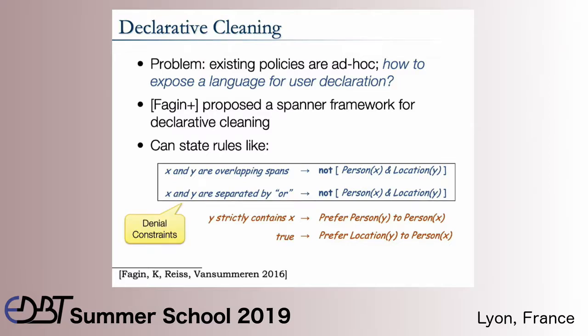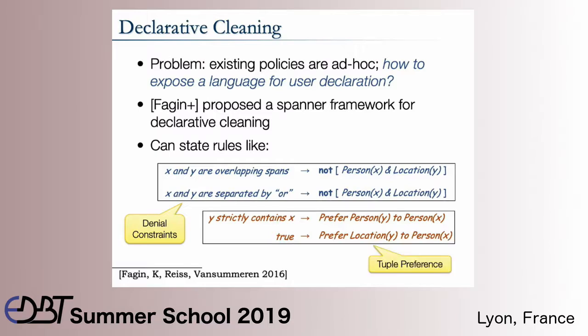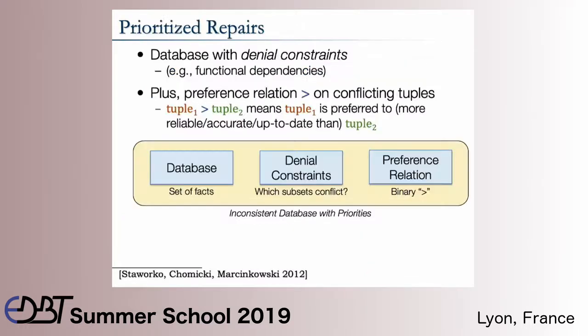Okay, so the first type of rules is what we call in databases denial constraints. And the other type is just a preference among tuples. And there's actually a framework in database theory that nicely captures what's going on.